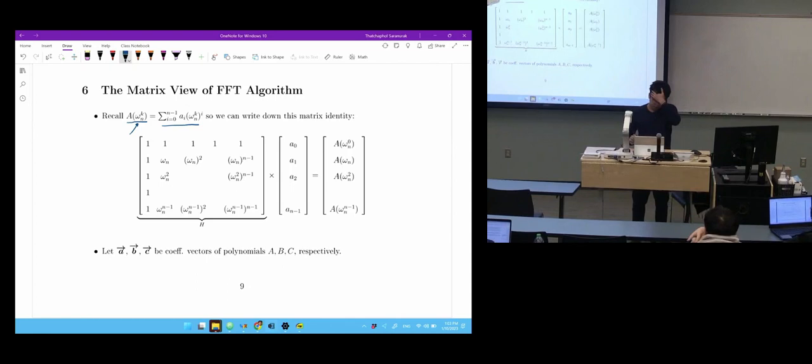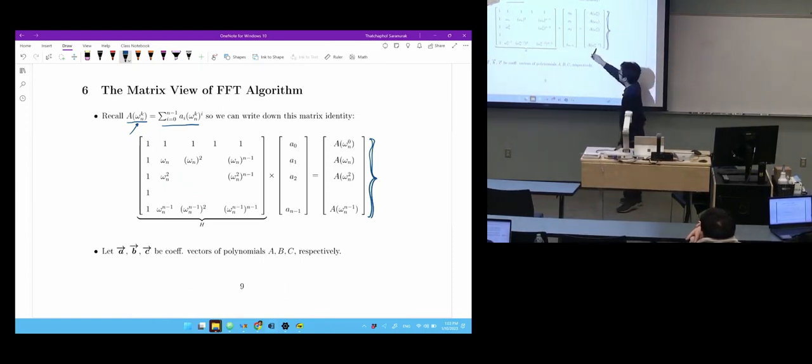It means what? It means that all the points that we evaluate, all the roots of unity that we have evaluated, if you list all of them in a vector here, I claim that this thing can be written as a matrix-vector product between a matrix and a vector.